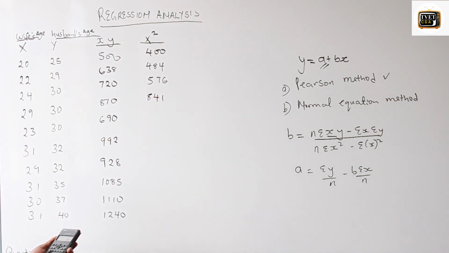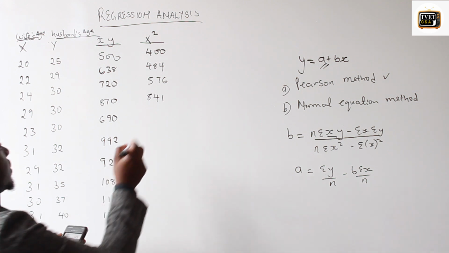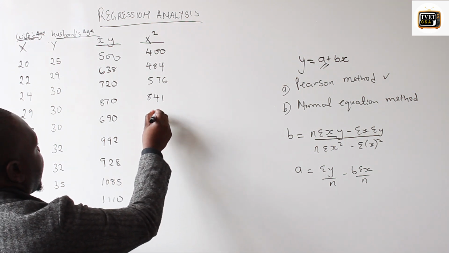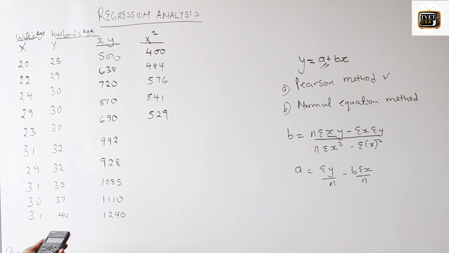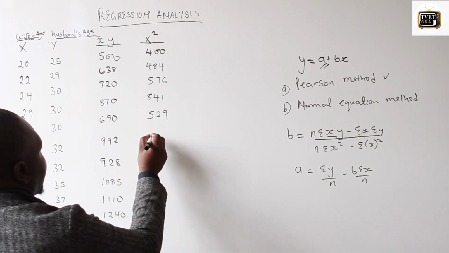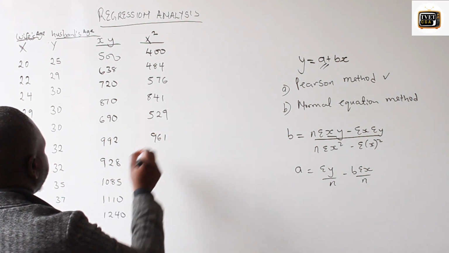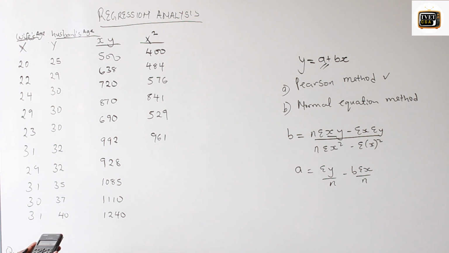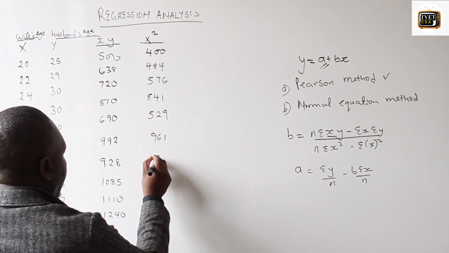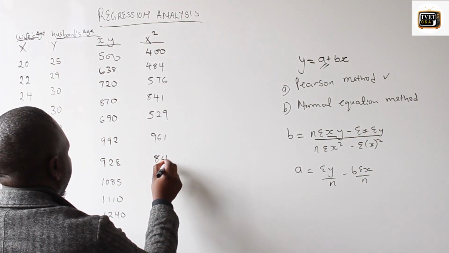29 squared gives 841. Then 23 squared is 529. 31 squared gives 961. The next 29 squared gives 841.